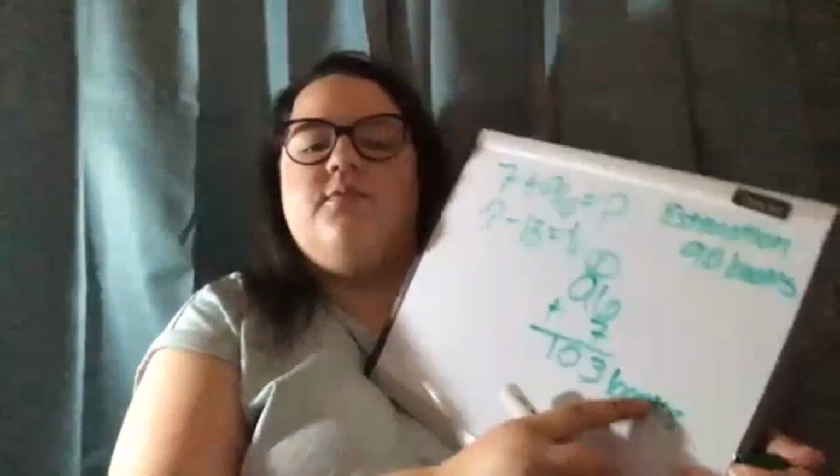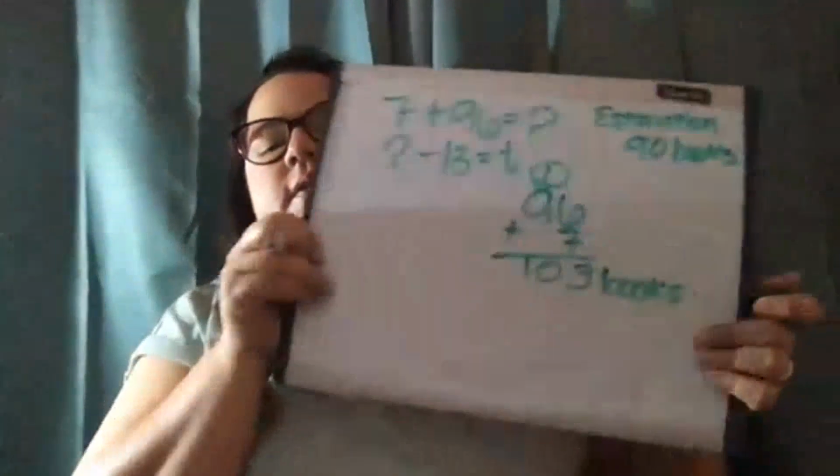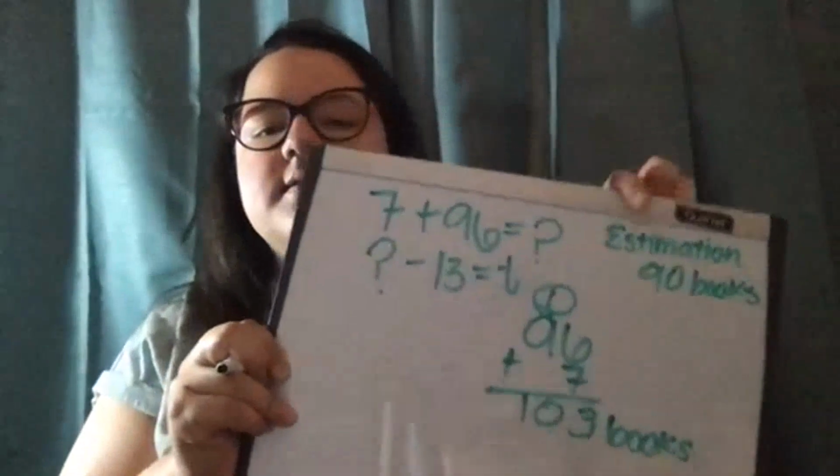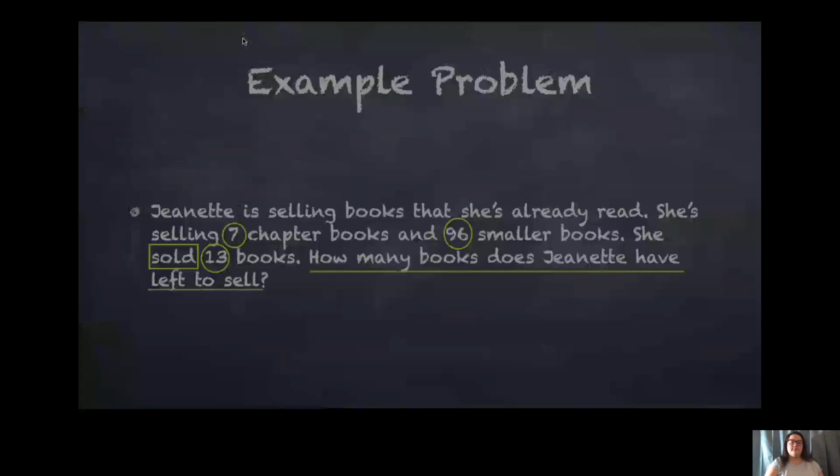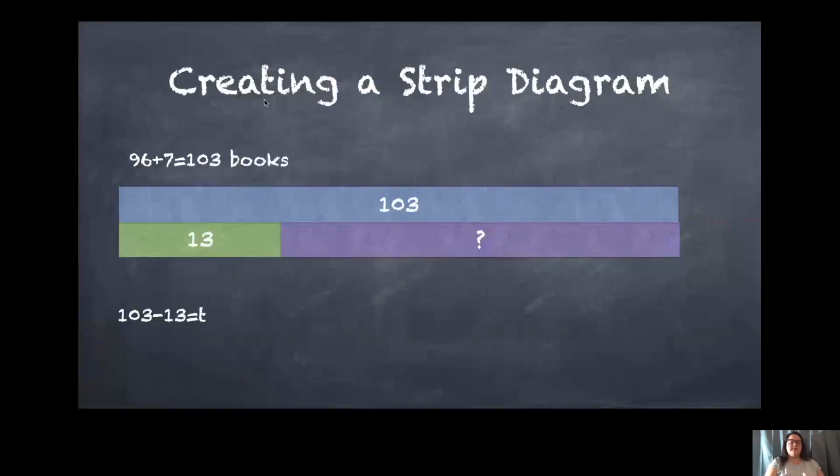So she has 103 books. It's always important to label your answer. 103 books. 96 plus 7 equals 103 books.